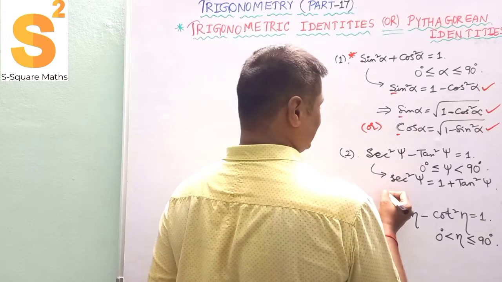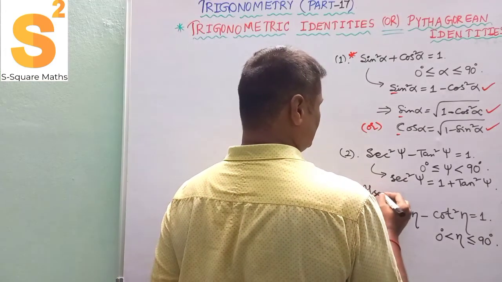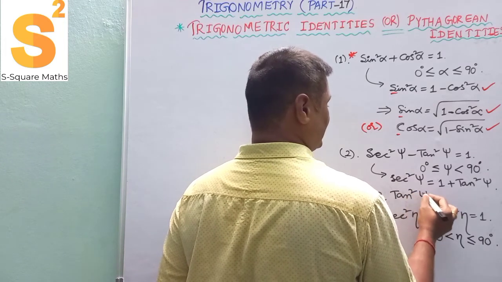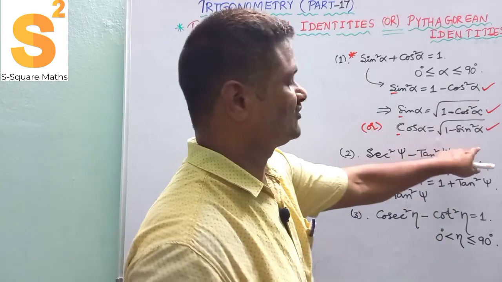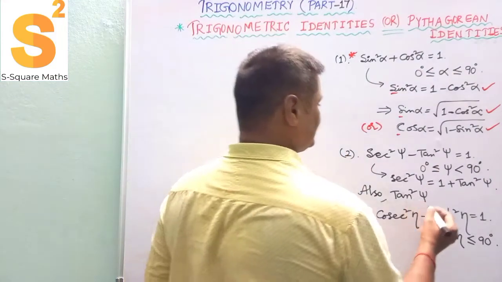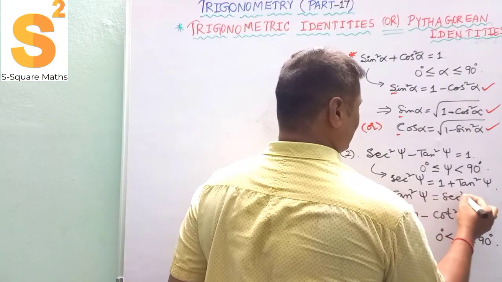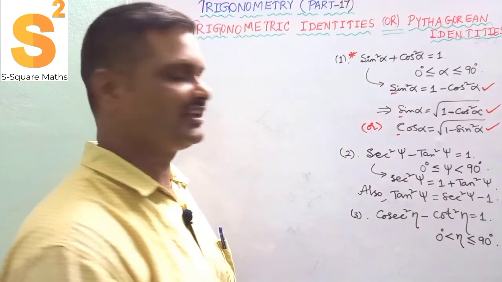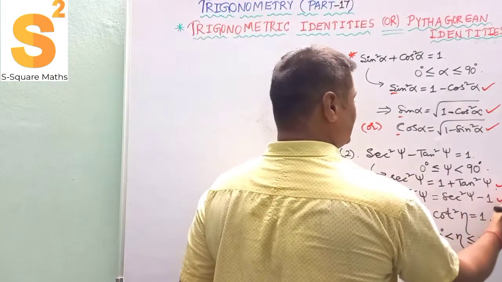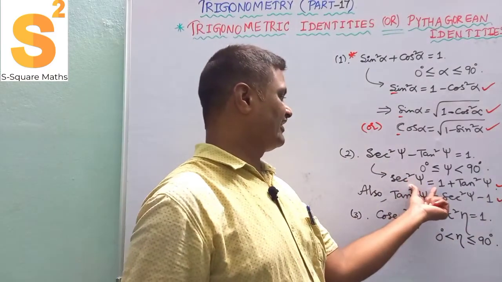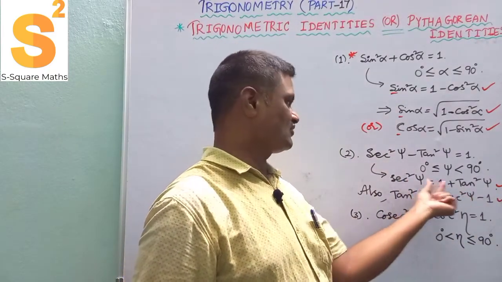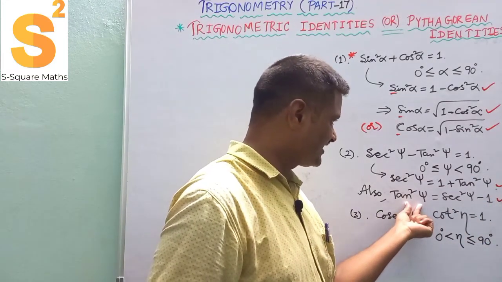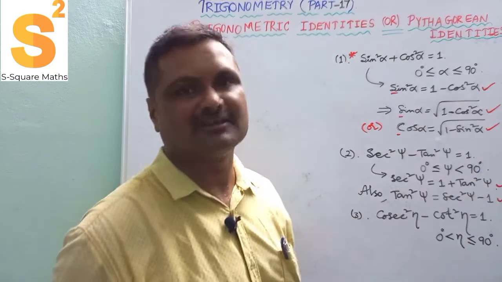Also, tan square psi I want, so transposing to that side, this becomes sec square psi minus 1. If you apply the square root to that side, it becomes a root. So tan psi is equal to the square root of sec square psi minus 1.